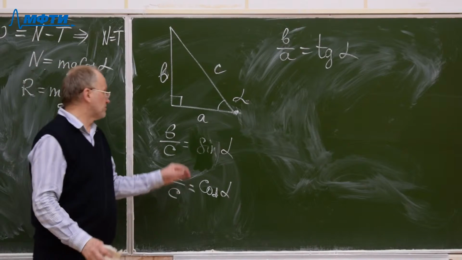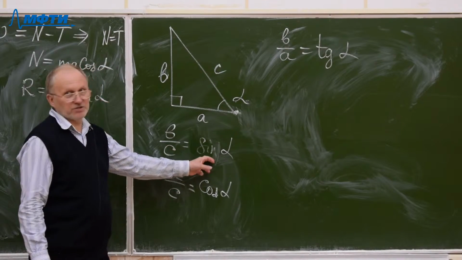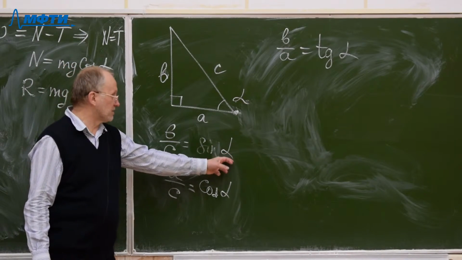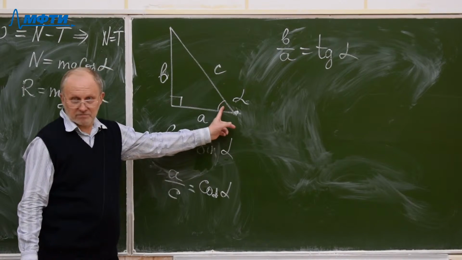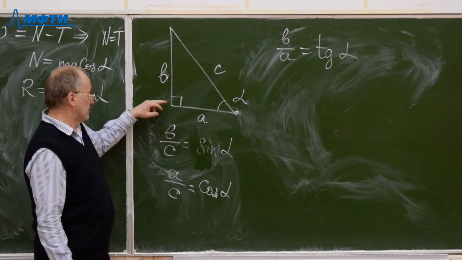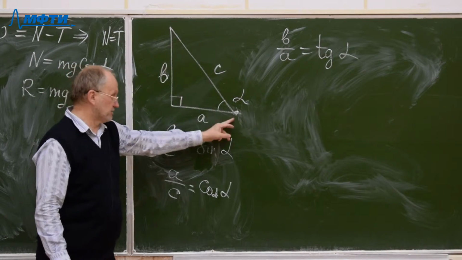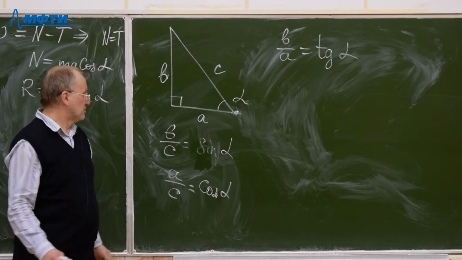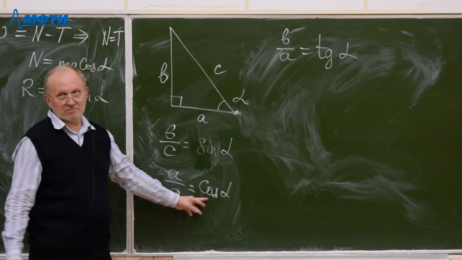This is just the definition. This is not a big science. What is the sine of angle alpha? Nothing more but the result of dividing the length of this section by the length of this side. What is cosine?